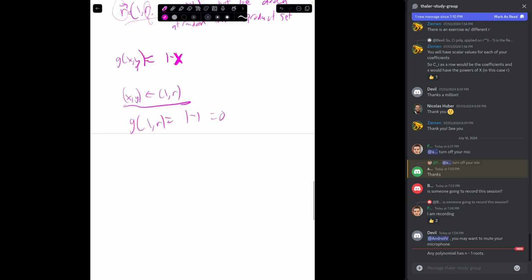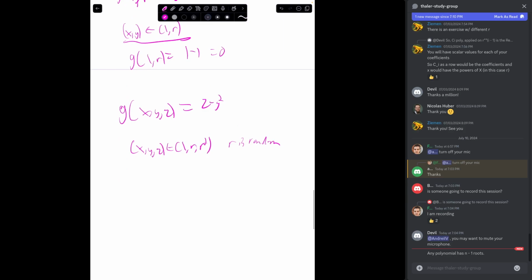And you can come up with similar things. If you set xyz to be 1 comma r comma r squared, where r is random, but g of xyz is z minus y squared, you'll get the failure again, right?